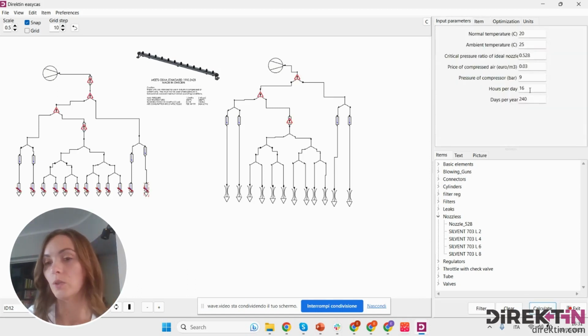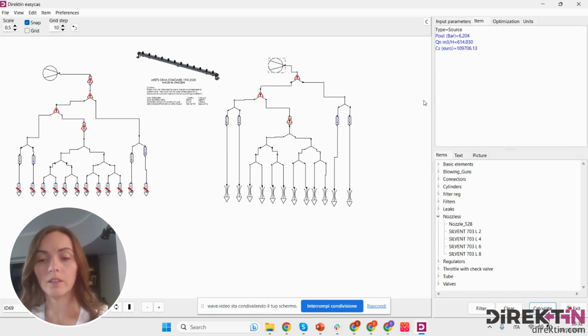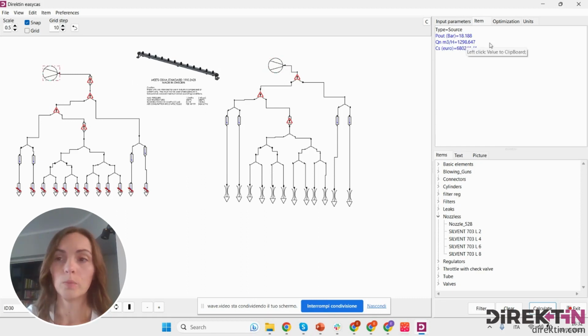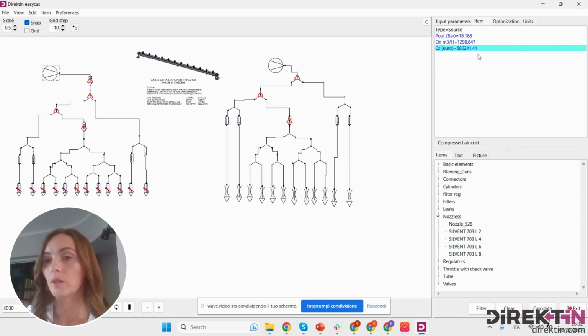So let's see what we actually get. After pressing calculate, and not forgetting to enter the input parameters here, you can see that the open tubes consume about 1,200 cubic meters per hour.